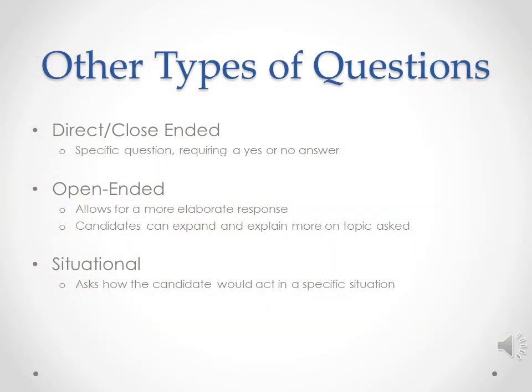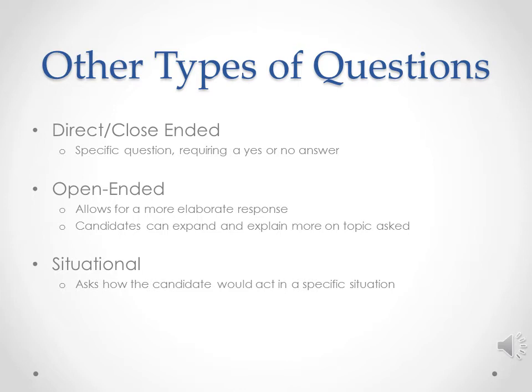There are other types of questions an interviewer can ask as well. It is important to know how to word a question without revealing a protected class. Direct questions are specific questions that require a yes or no answer. Also known as a closed-ended question, this type is used to help learn specific background information on the candidate.